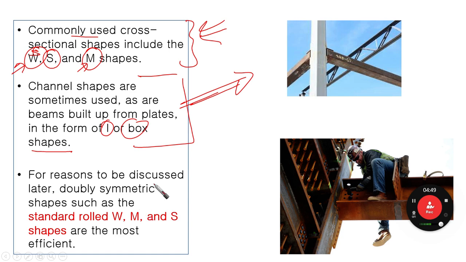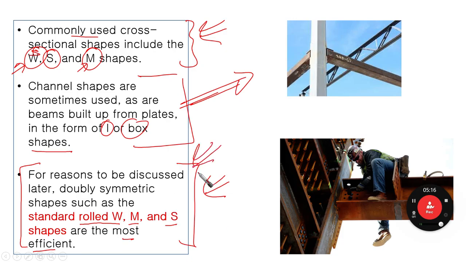And for reasons to be discussed later, doubly symmetric shapes such as standard rolled wide flange, M, and S shapes are the most efficient. So we're going to talk about this later: the doubly symmetric shapes are considered to be the most efficient shapes for beams. Okay, so this is the common kind of shapes that is going to fully utilize the beam capabilities.